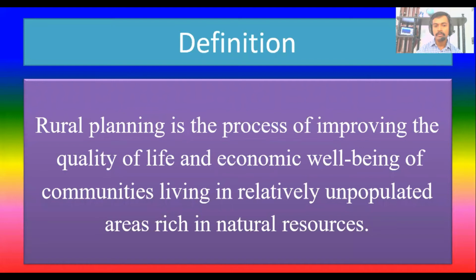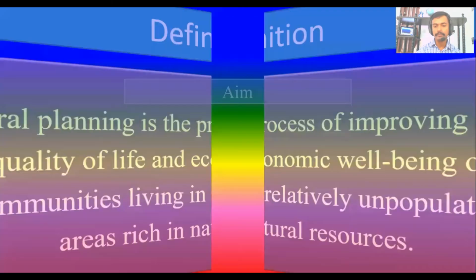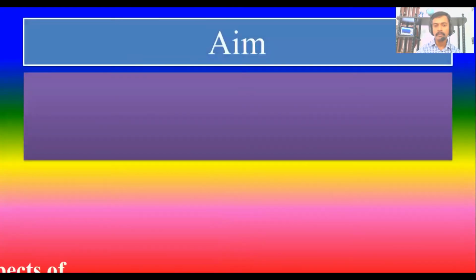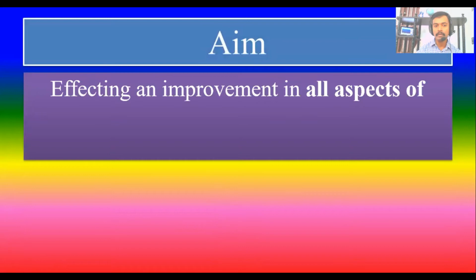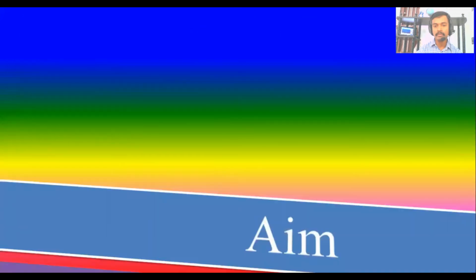So rural planning means improving the quality of life, mainly economic as well as social well-being. The aim is to bring improvement in all aspects of rural life: economic, political, as well as individual aspects, mainly improving healthcare, education, etc.